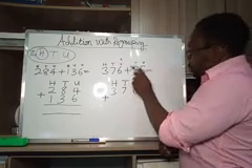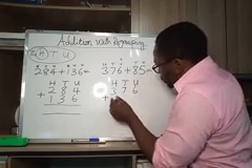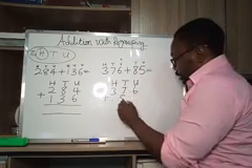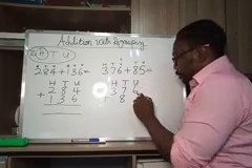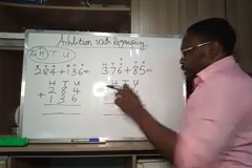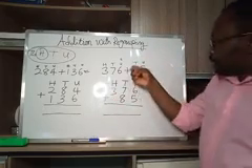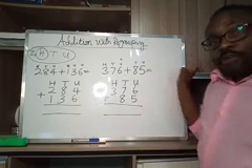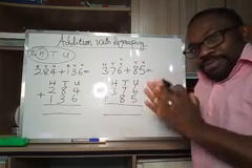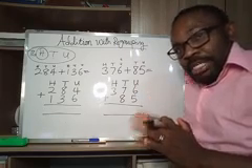Under H there's nothing, so you just leave it blank. T, 8. U, 5. Then your equals sign. So now you have proper arrangement. You should put them in their proper places. Is that okay?